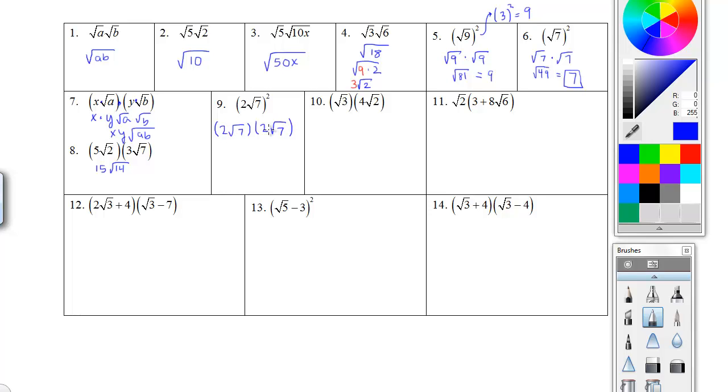So 2 root 7 times 2 root 7, the 2's will multiply, the root 7's will multiply, and then stop and look to see if this can be simplified some more. The square root of 49 is 7. And 4 times 7 is 28.